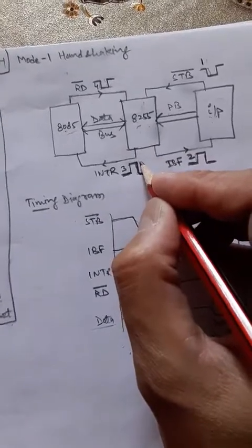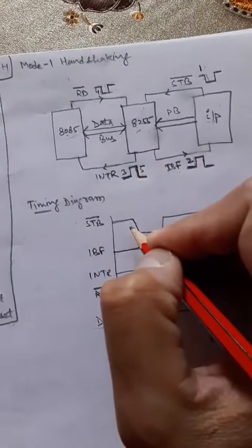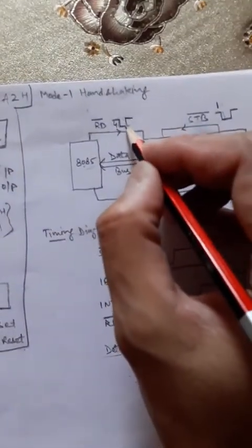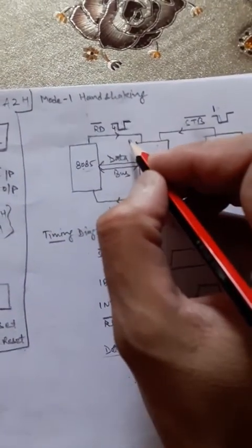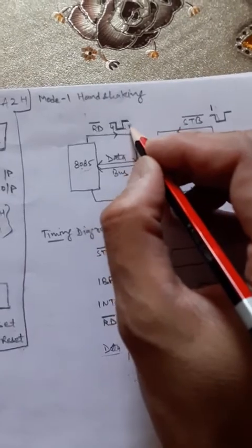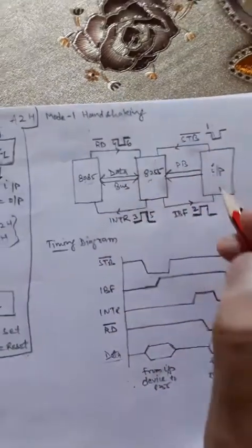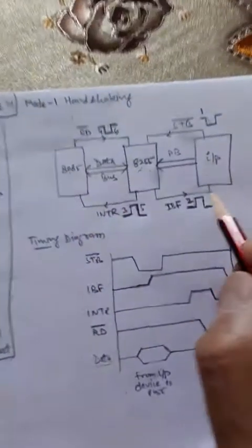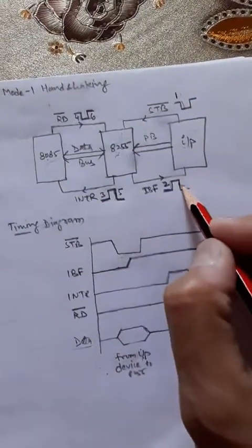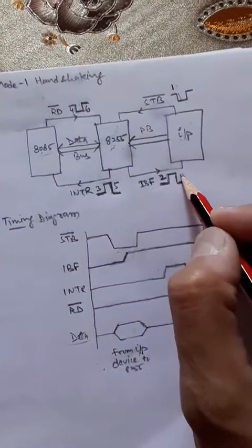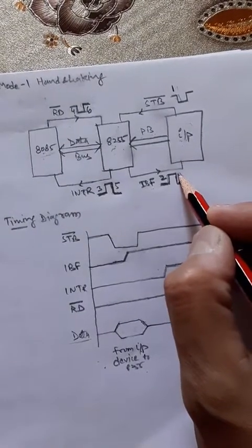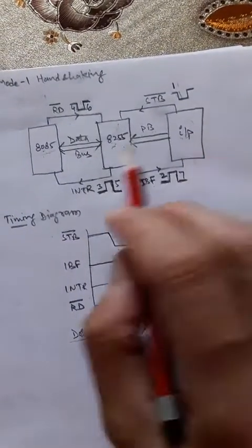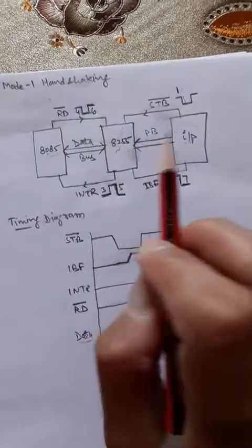After reading, when the MPU finishes the read operation, it will keep read bar high. When the data is successfully transferred to the 8085, the IBF signal is kept low by the 8255, informing the input device that I am free, now you can send further data.